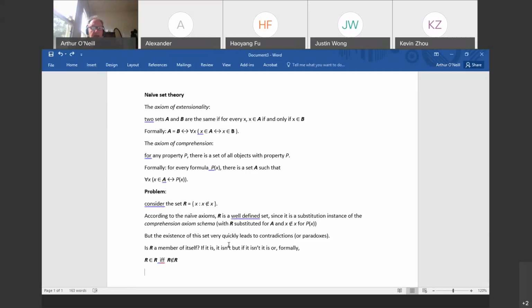Can you see how that set is just something you get by substituting R for A, and X is not a member of itself for P, Px into the axiom of comprehension.